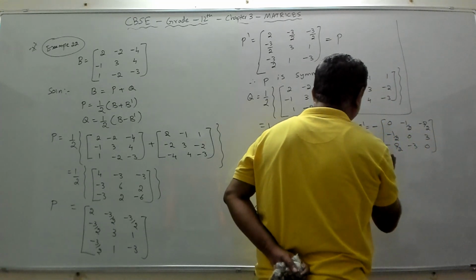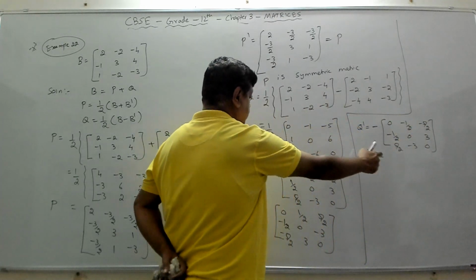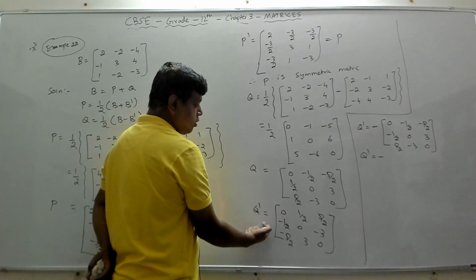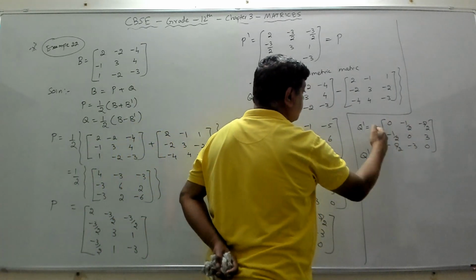So your Q transpose is equal to minus of, and what is this matrix? This matrix is same as Q. After we took minus common, we got this.